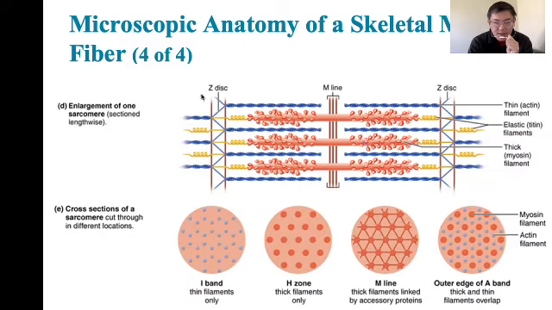Now let's zoom in on the sarcomere. We can see the thick filament actually is made of myosin. So the myosin has a myosin head, which can attach to the thin filament. Thick filament actually is linked to the Z discs with elastic fibers, which are called titin.